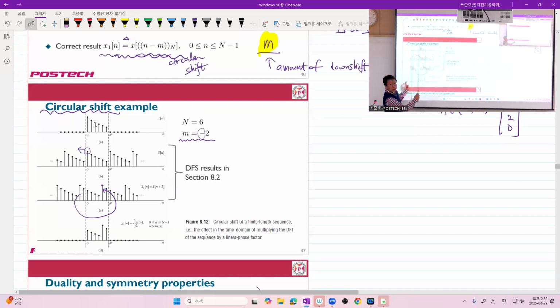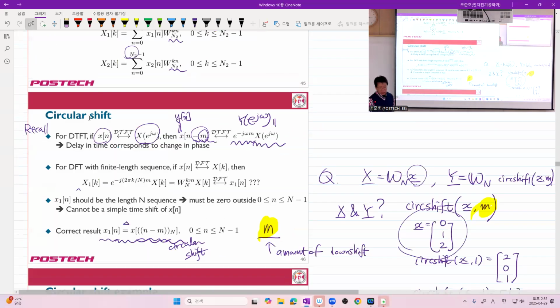Upshift by 2. I'm sorry. Why do the authors have -2 here? Anyway, so this is downshift by -1. Downshift by -2, which is upshift by 2. Got it? It's confusing.